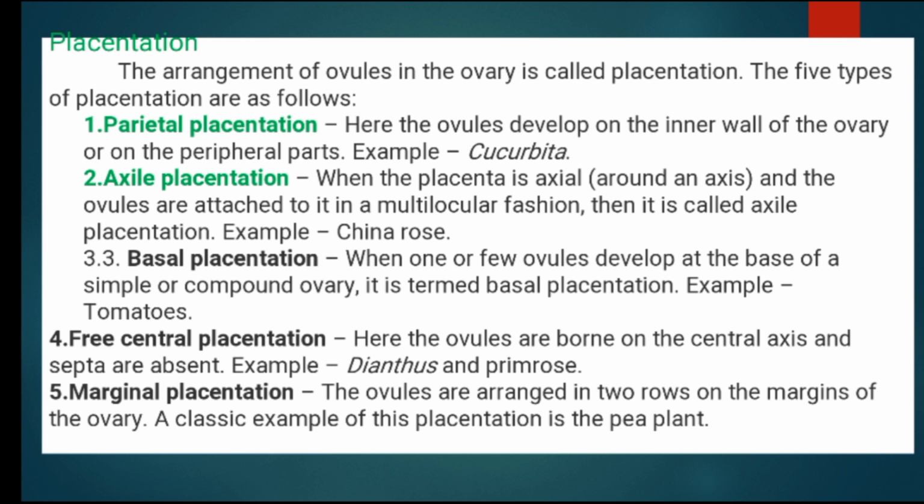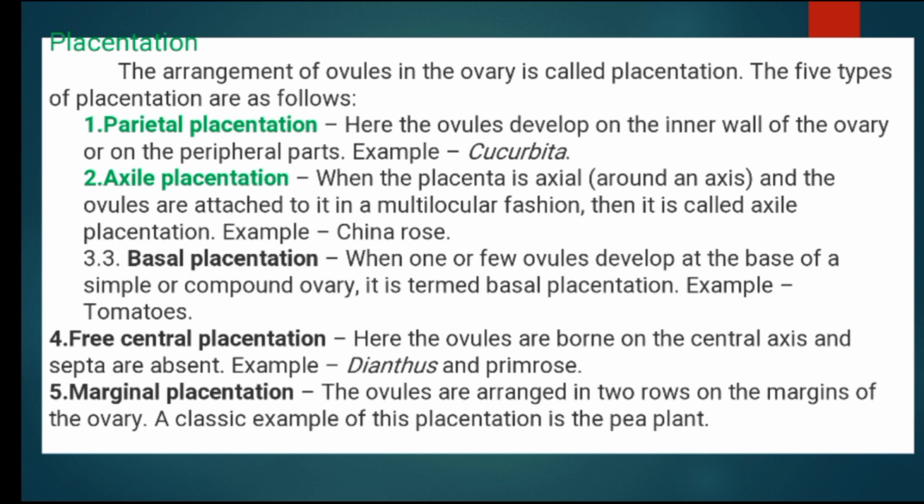Now the next point is regarding placentation. First we will discuss the definition of placentation. So what do you mean by placentation? Placentation is nothing but the arrangement of ovules in the ovary, or attachment of ovules in the ovary chamber.